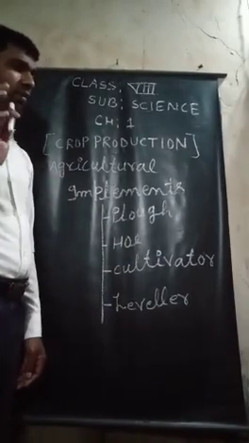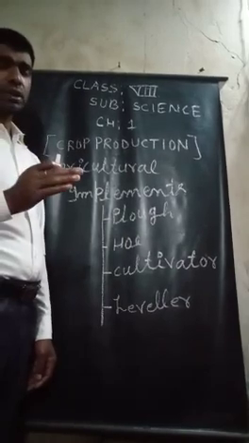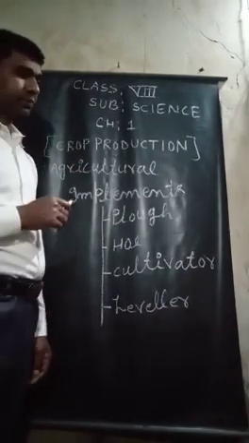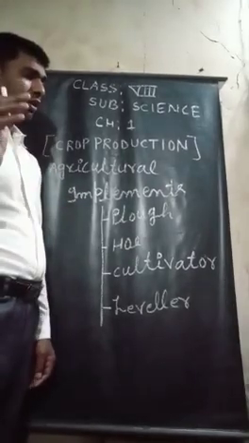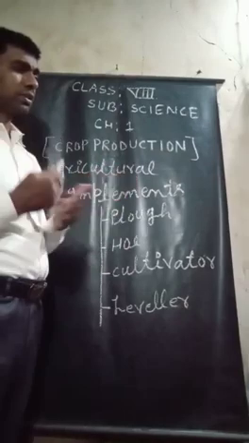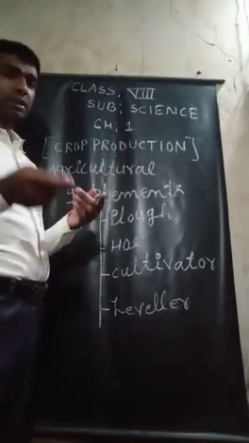A hoe consists of a long rod of wood or iron. A strong, broad and bent plate of iron is fixed to one of its ends.